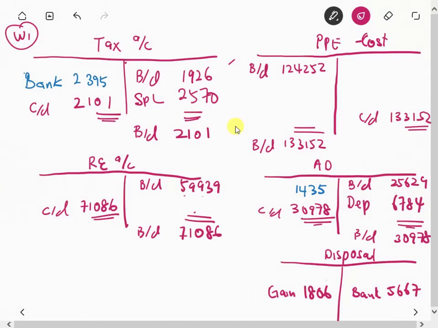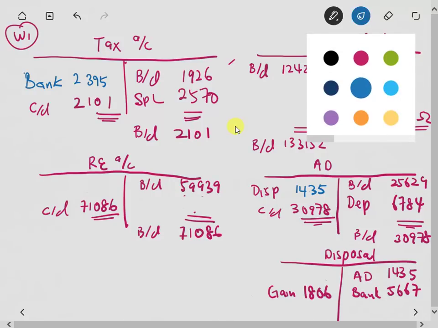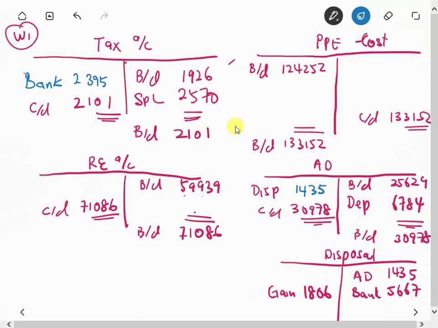When I debit accumulated, it means credit to where? This is step number 2, right? Normally. So here we go to disposal, debit, and we know you should credit here. 1435. Can we now find the missing figure here? How much? 5296.